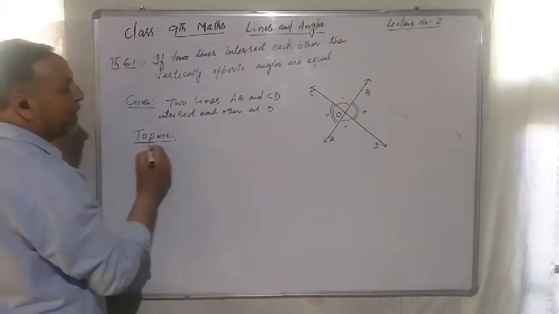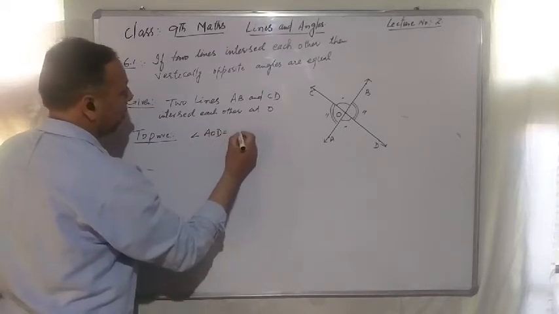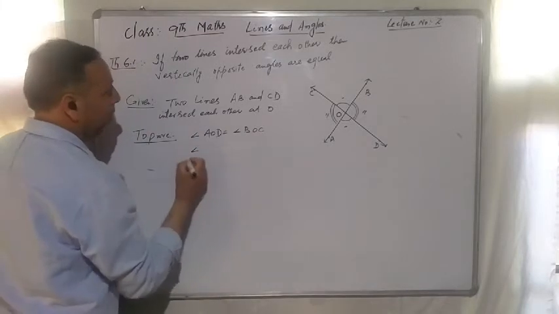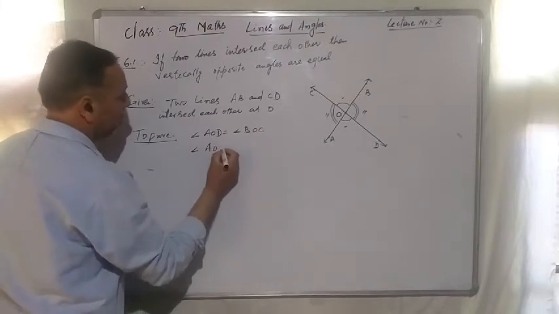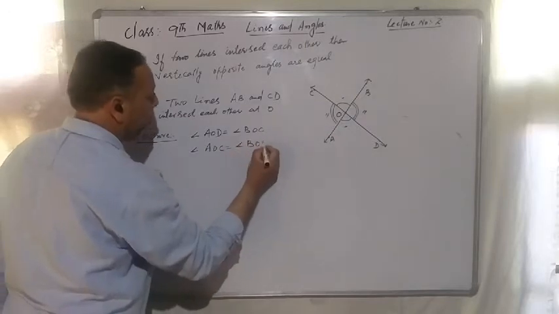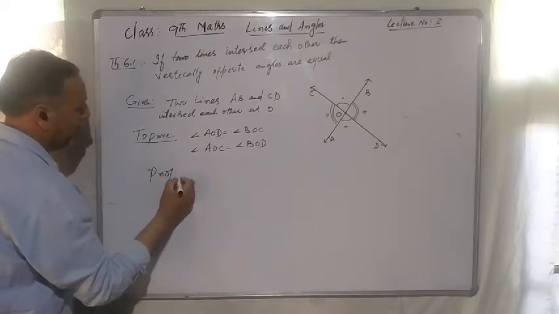Vertically opposed angles are equal. That means we have to prove angle AOD is equal to angle BOC and angle AOC is equal to angle BOD. So let us see how we will prove this.